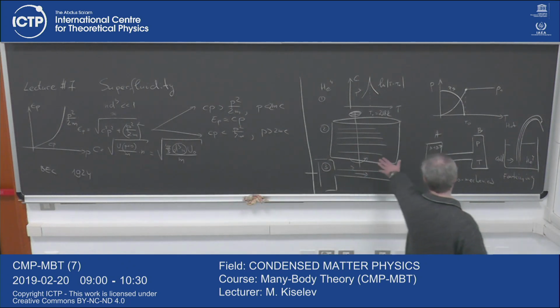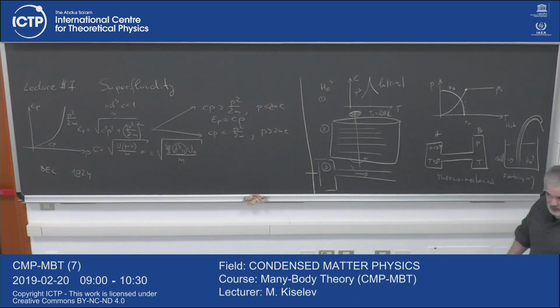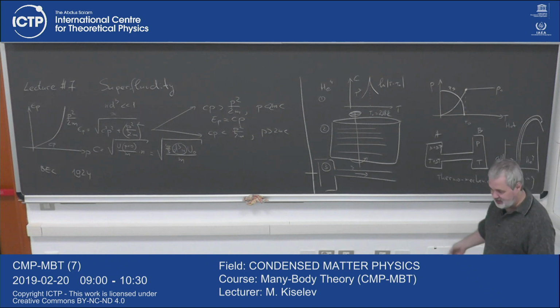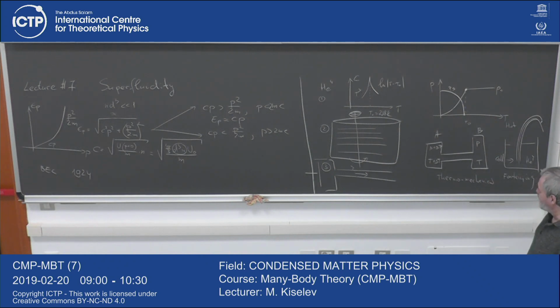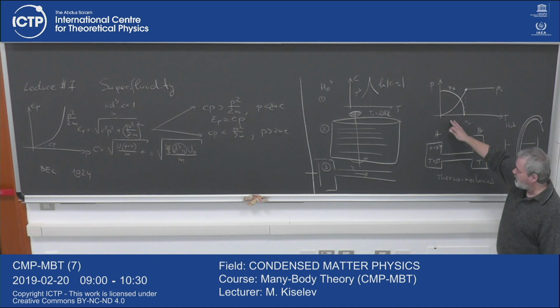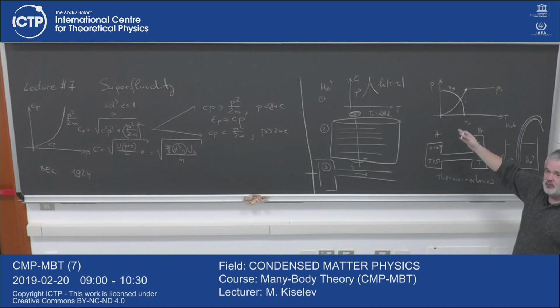In order to explain all these phenomena in a phenomenological spirit, without yet some microscopic theory, there were two assumptions. Instead of a one-component liquid, we are dealing with a two-component liquid. One component is superfluid and one is normal.